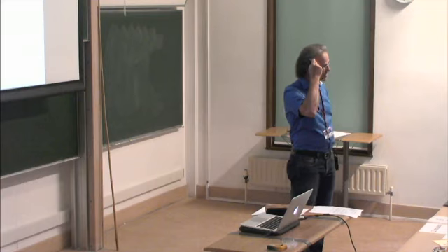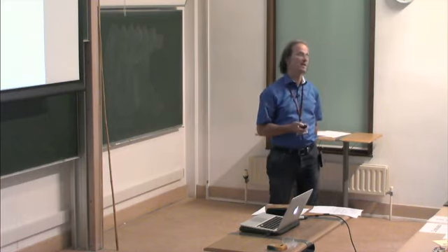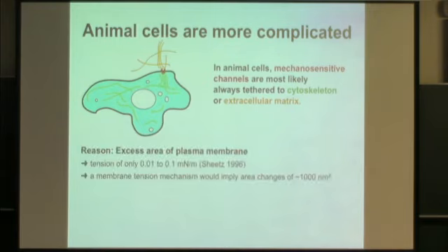Okay. Now animal cells. Animal cells are much more difficult, and therefore the situation there is far from clear when it comes to mechanosensitive ion channels, because they are most likely tethered either to the internal cytoskeleton or to the external matrix or to both. And the reason is quite straightforward.